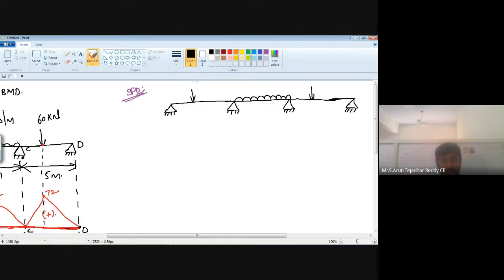Here the load is 80 kilonewton. Here the load is 20 kilonewton per meter, and here it is 60 kilonewton. A, B, C, D. Okay. Now here it is 2 meter, 4 meter, 2 meter, 3 meter.